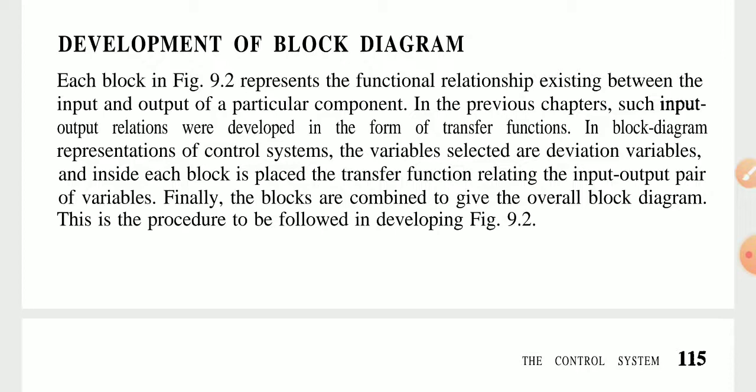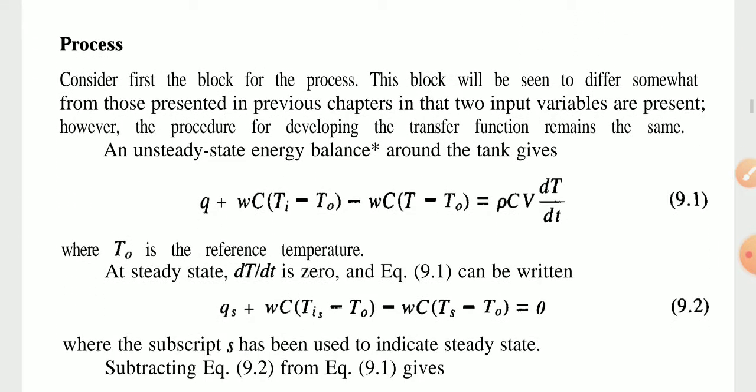The variables selected are deviation variables, and inside each block is placed the transfer function relating the input and output pair of the variables. Finally, the blocks are combined to give the overall block diagram. This is the procedure used in the development of figure 9.2. Now we will simply look at the process, on what basis the relations come.